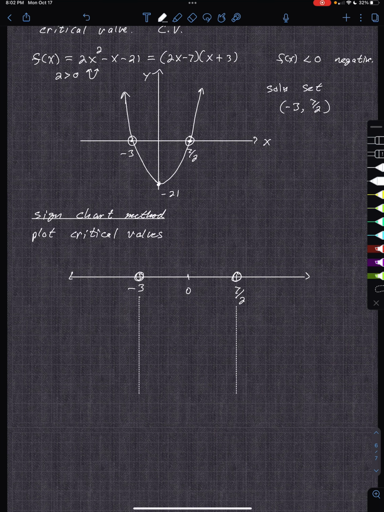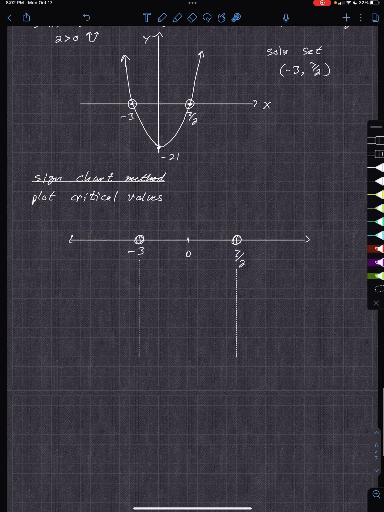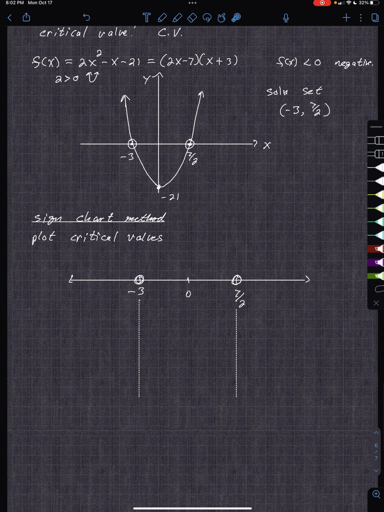And then to the side, write down your factors: 2x minus 7 and x plus 3.